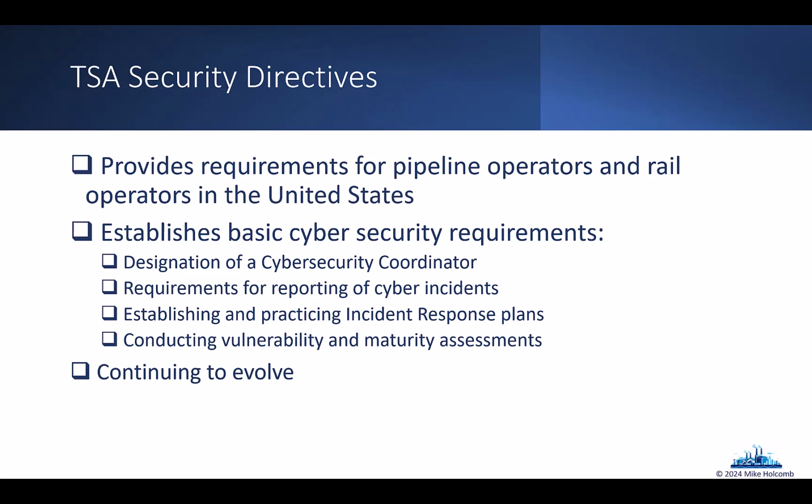And you can see the idea that you have to have a designated cybersecurity coordinator, that one person that everything rolls up to, responsible for implementing the program and making sure that it is implemented correctly and completely. If there was an incident, that would be the person who contacts Homeland Security to let them know about the incident.